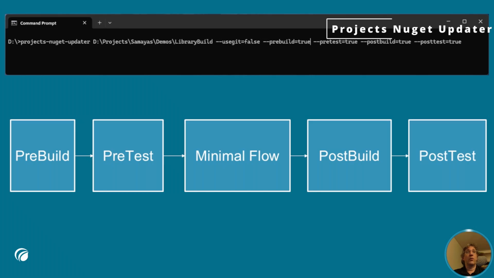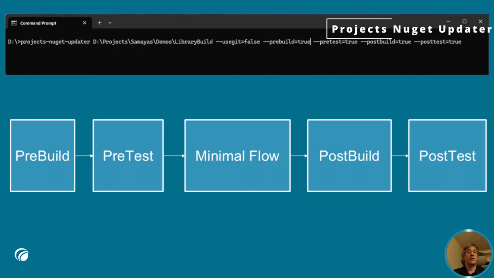And then next we have our post-build, which is again a .NET build, which is a normal step. And we want to validate that after updating the packages, there were no breaking changes and our build is still working. If that fails, everything stops as well. And then finally, if that succeeds, we execute a post-test to validate our potential unit tests to again see if it's still working or not.